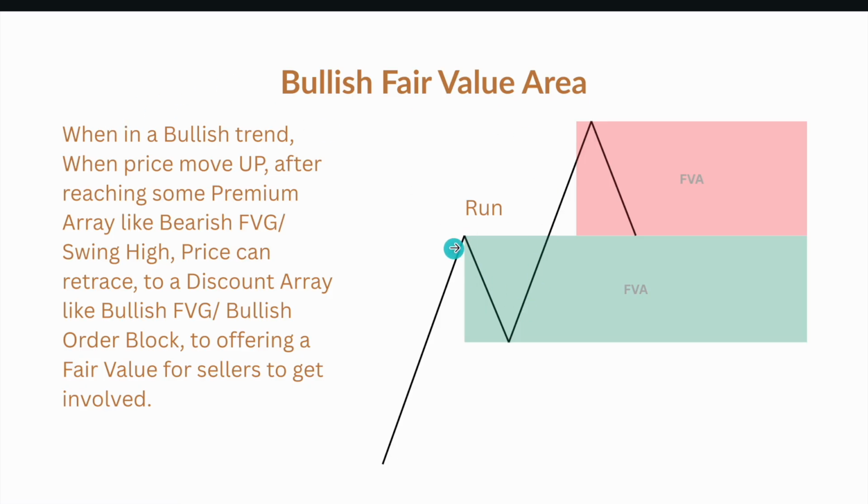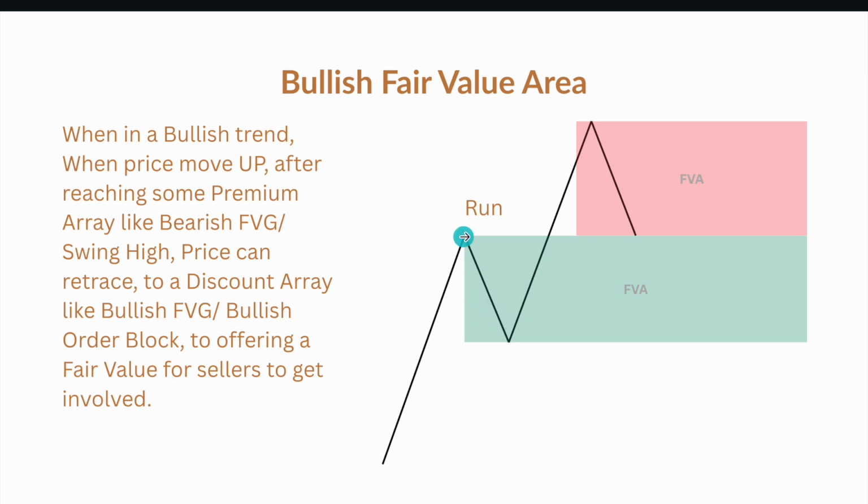As per this diagram, in a bullish trend, when price moves up, it reaches some PD array like a bearish fair value gap or a swing high, and the price can retrace a little bit. When it retraces, it is offering a fair value.